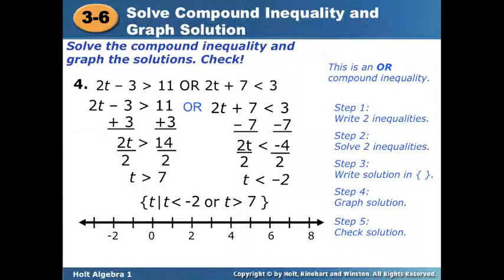We have an open circle on -2, and we shade towards the less than side. And we have an open circle on 7, and again we shade toward the greater than side. This will shade as we expect it to do. An OR will always shade to the outside.